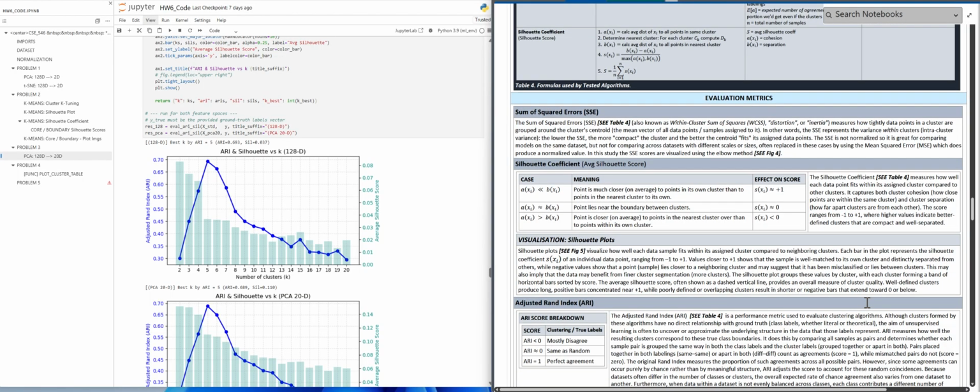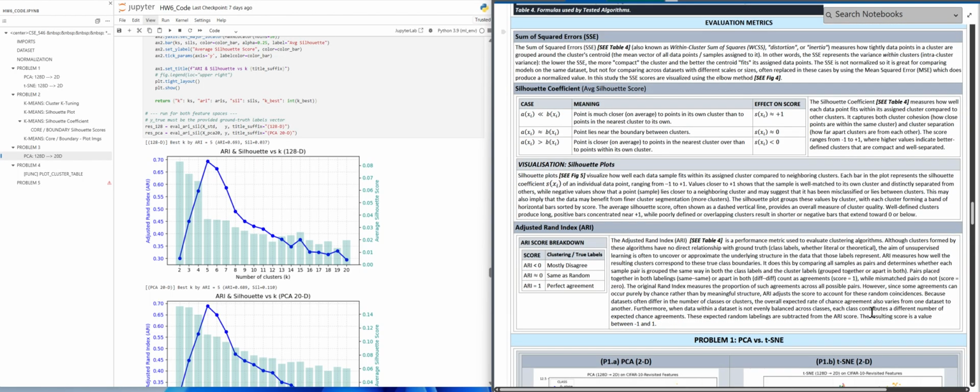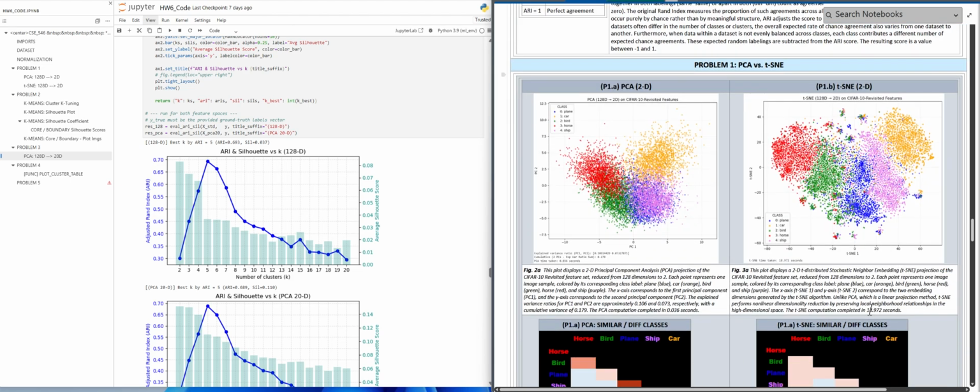Okay, coming down here, we go over the evaluation metrics, and here are the projections of the PCA in 2D and the t-SNE in 2D. Of course, you see more overlap in the PCA because it's a linear projection, and it doesn't have the capacity for determining non-linear separation between classes.